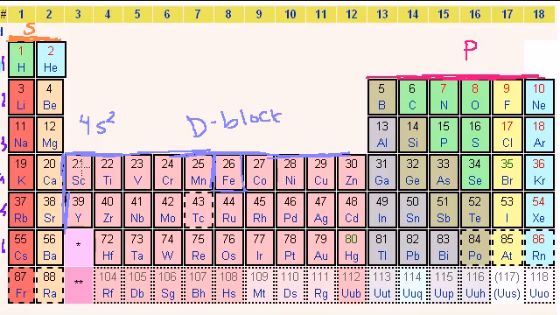Iron has 1, 2, 3, 4, 5, 6 elements in the d block. So it's going to have d6, but it's not going to be 4d6. It's going to be 3d6, because it's in the fourth period and I subtracted 1 from that.